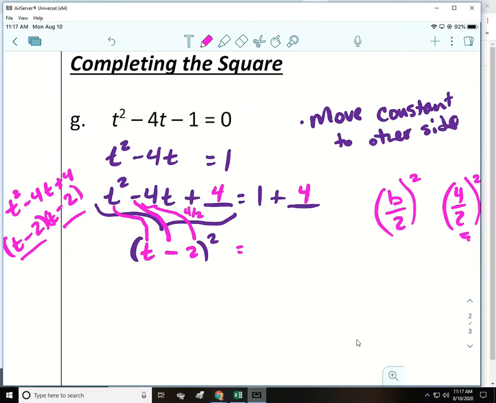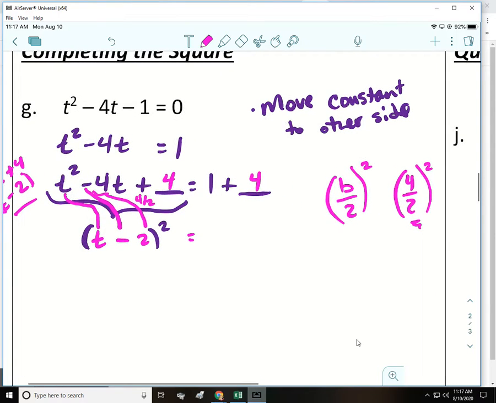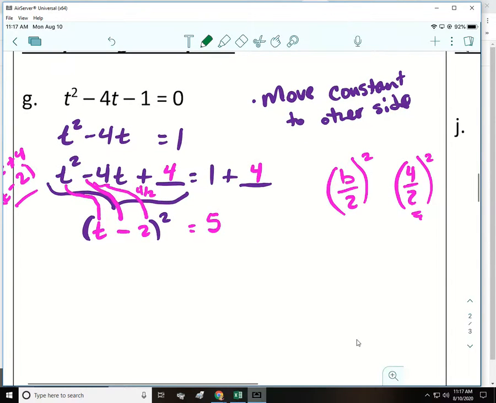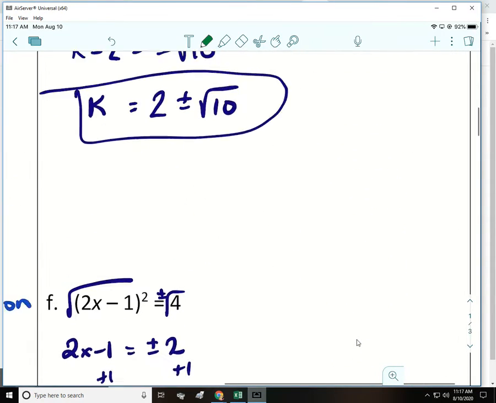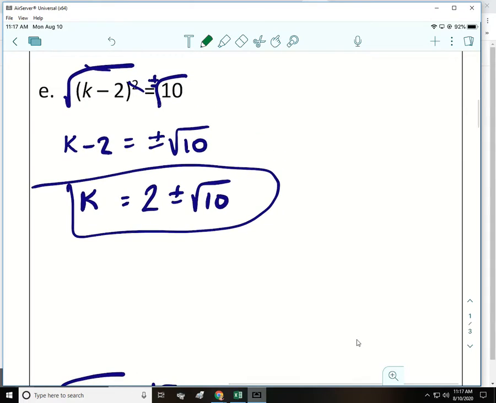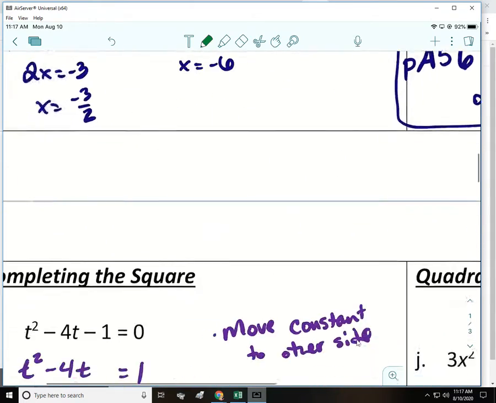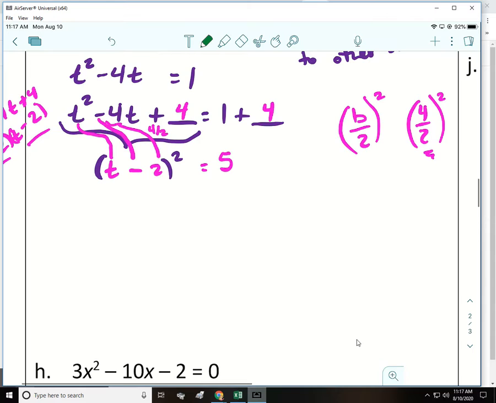All right, what do I get on the right? 5. Okay. Once you get here, you already know how to do this. If you understood on Friday, because this looks a lot like F and E. So we have this thing that's squared.